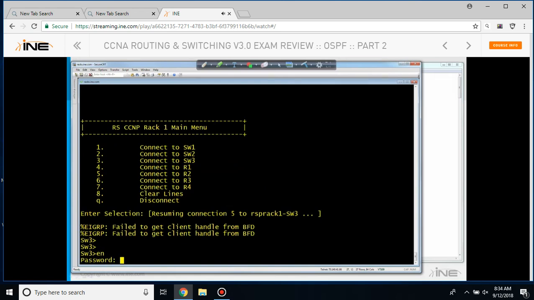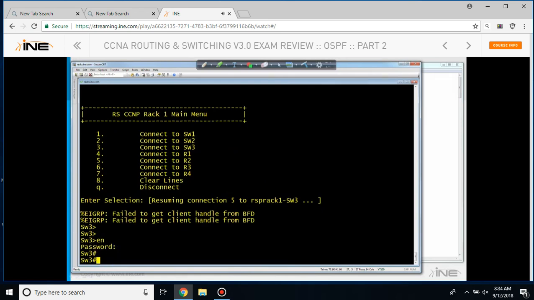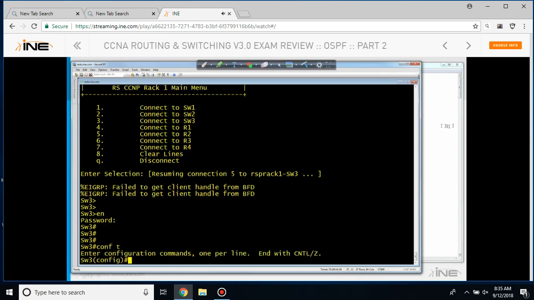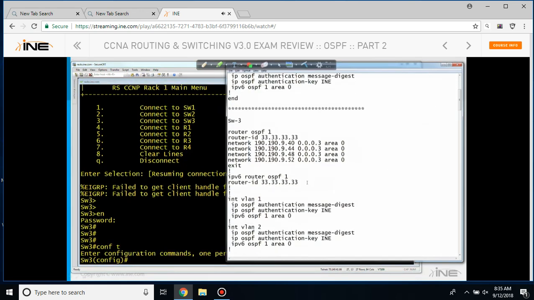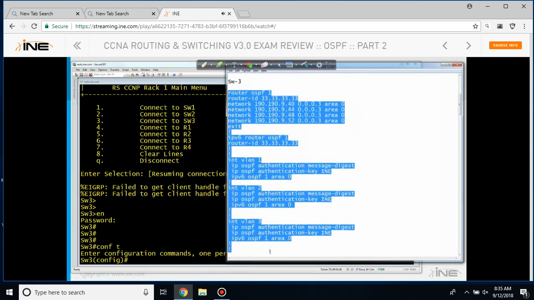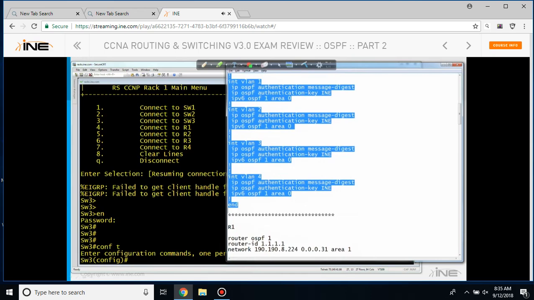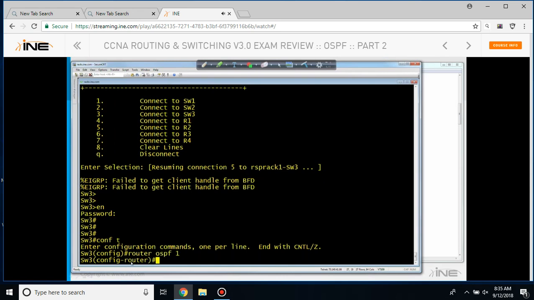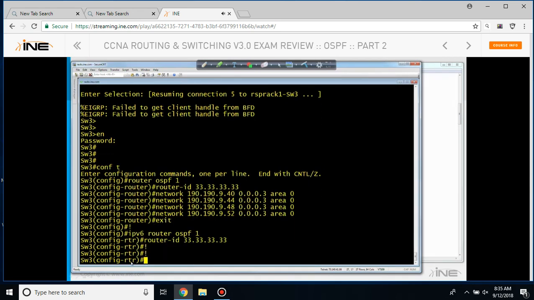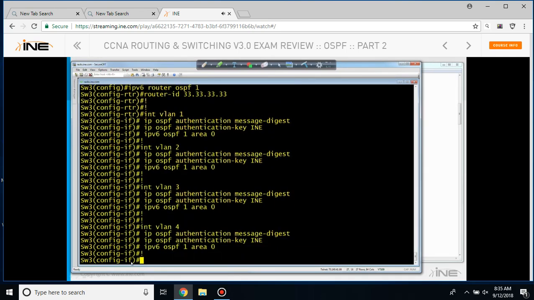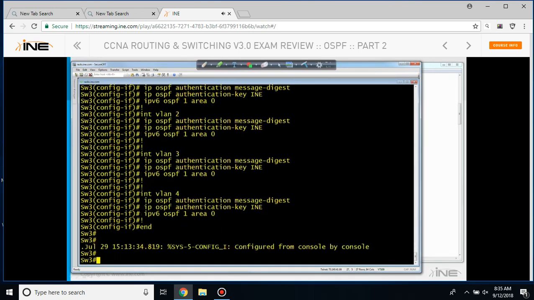And as soon as I do this, switch 2 and switch 3 should form both V4 and V6 OSPF adjacencies between them. Okay.